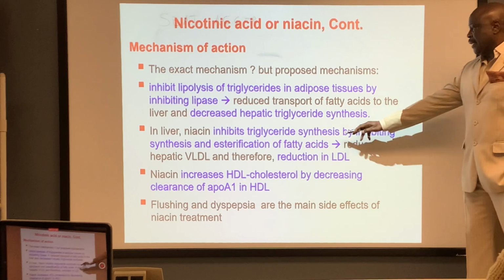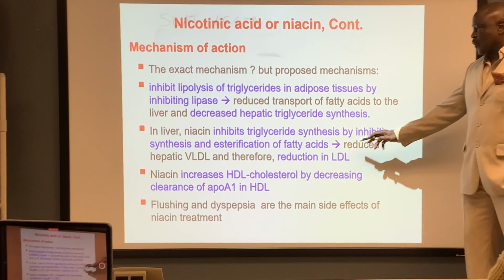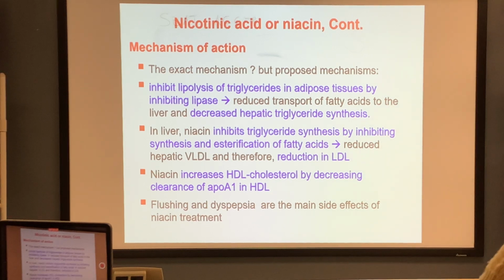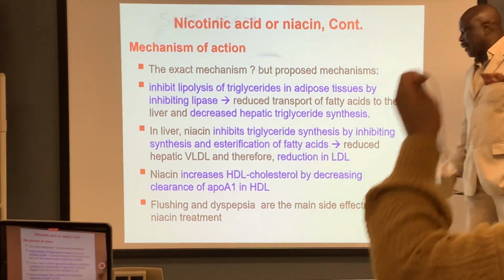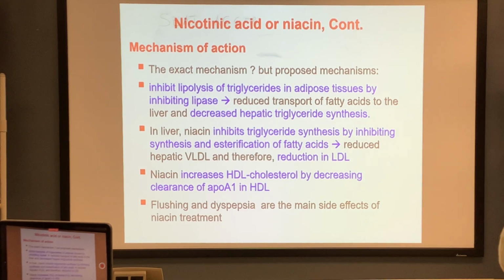Then when you inhibit triglyceride synthesis, you also do that by inhibiting esterification of fatty acids. That will reduce hepatic very low density lipoproteins, and therefore will reduce LDL. And of course, it can increase HDL cholesterol by decreasing the clearance of ApoA1, decreasing the clearance of HDL. Flushing and dyspepsia are the main side effects after you give niacin.